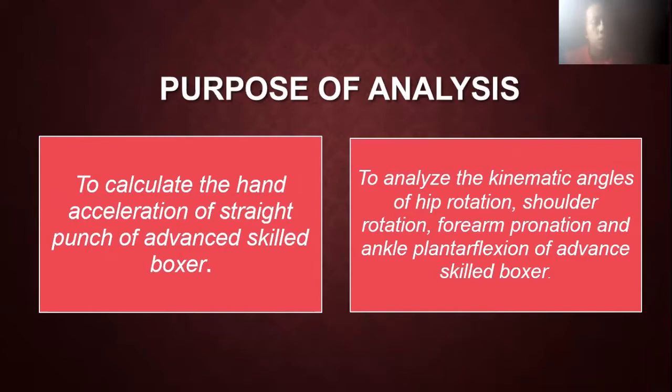First, to calculate the hand acceleration of the straight punch of an advanced skill boxer. Next, to analyze the kinematic angles of hip rotation, shoulder rotation, forearm pronation, and ankle plantar flexion of the advanced skill boxer.